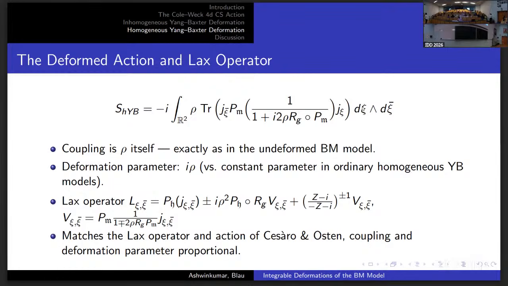Thanks for the nice talk. I had just a quick question on this homogeneous Yang-Baxter deformation. You for sure know that in the homogeneous Yang-Baxter deformation of PCM, you might have this on-shell equivalence to an undeformed yet twisted version. Do you have this as well for the worldsheet dependent one? Yes, probably. Well, this remains to be derived.